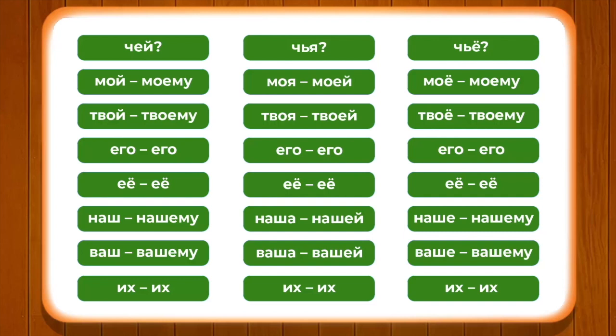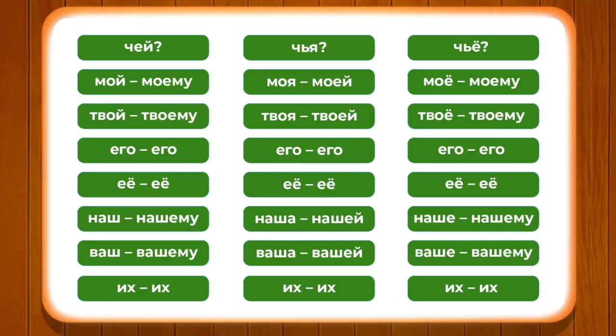For neuter gender, moyo changes into moemu, tvoyo changes into tvoemu, yego remains yego, yeyo remains yeyo, nashe changes into nashemu, vashe changes into vashemu, ikh remains ikh. So yego, yeyo and ikh remain the same in all three genders. I hope the concept is clear.